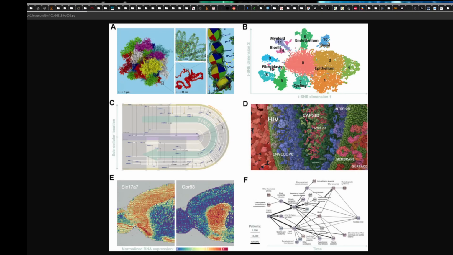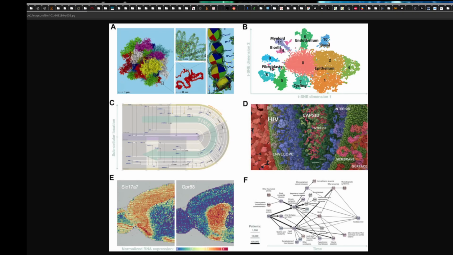IEEE Comput Graph Appl 38, 51-66. DOI 10.1109/MCG.2018.2877076. PubMed Abstract, Crossref Full Text, Google Scholar. Gatto, L., Breckels, L.M., and Lilley, K.S., 2019. Assessing subcellular resolution in spatial proteomics experiments. Curr Opin Chem Biol 48, 123-149. DOI 10.1016/j.cbpa.2018.11.015. PubMed Abstract, Crossref Full Text, Google Scholar.